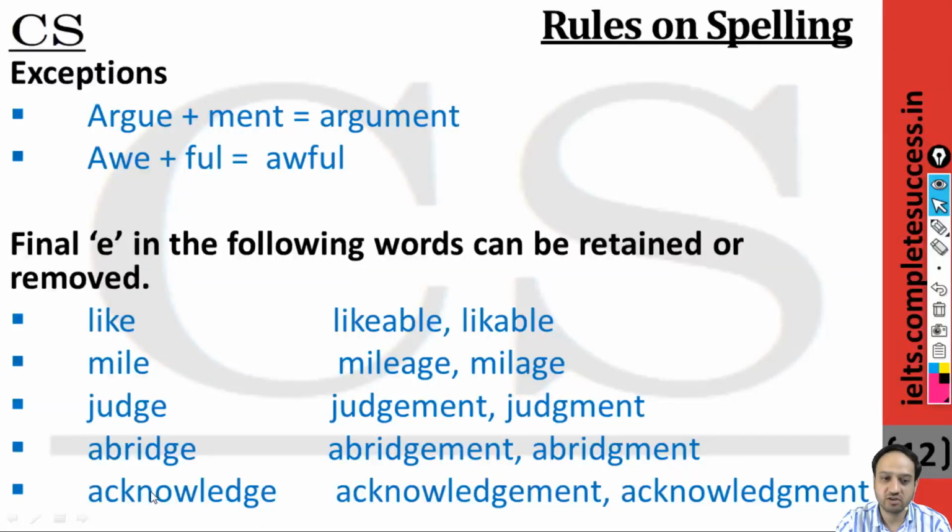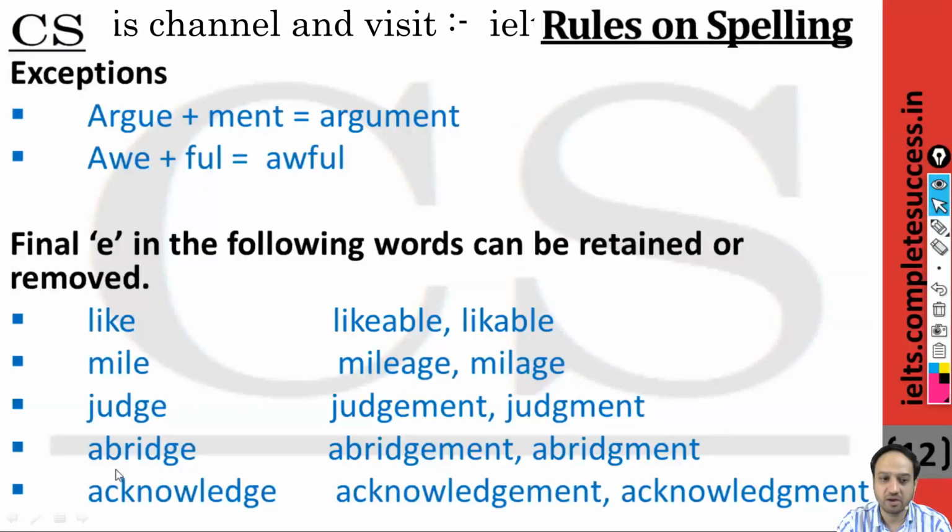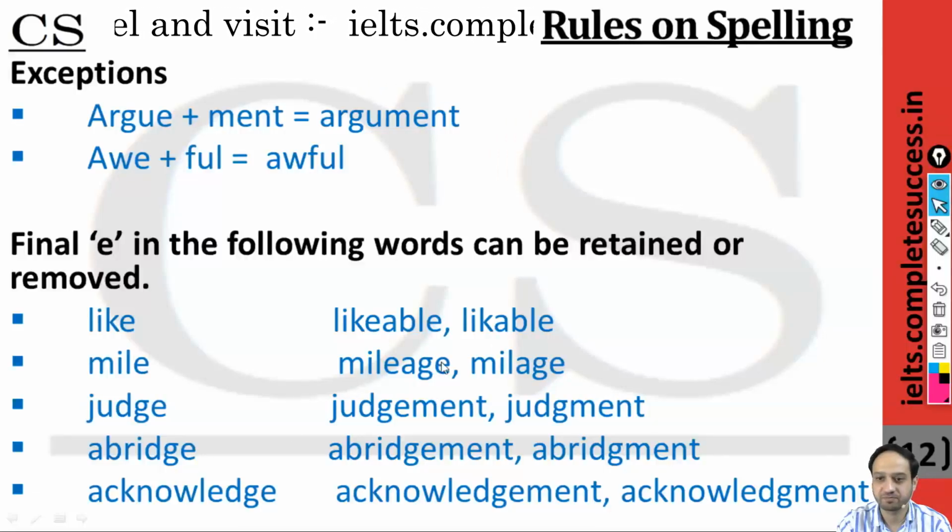In all such cases when we add ment or able, it's your choice whether you want to keep the letter E or drop it. I suggest you remember these words: like, mile, judge, abridge, and acknowledge.